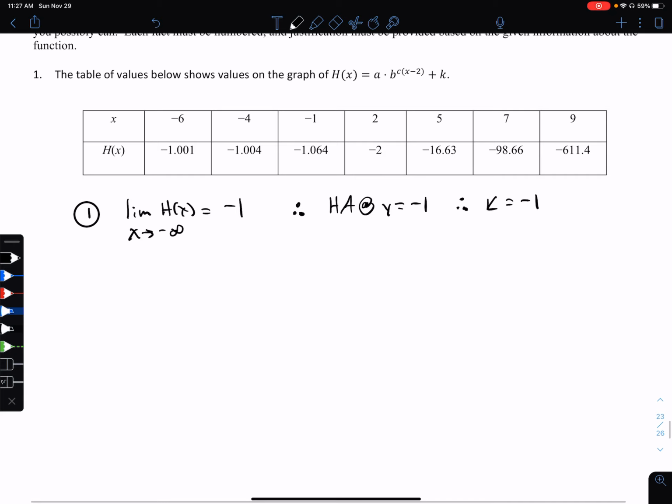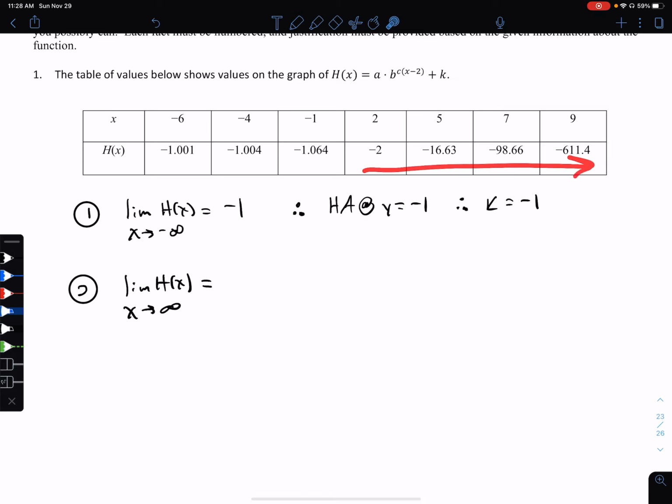All right, what else? Well, let's check out the right end behavior. The limit of h of x as x approaches positive infinity. Looks like these numbers are getting super big in the negative direction, so it looks like it's going to -infinity.